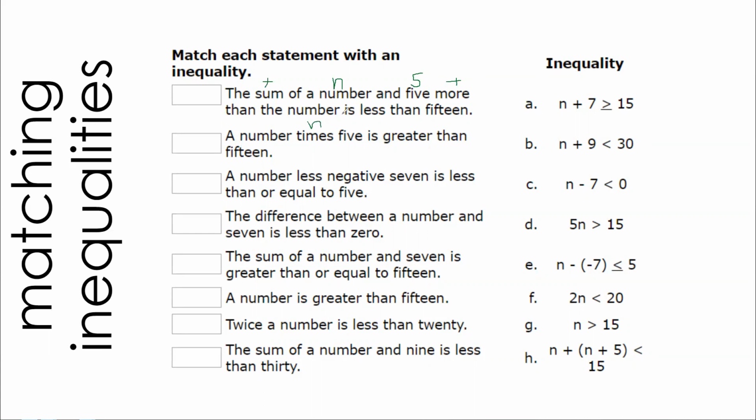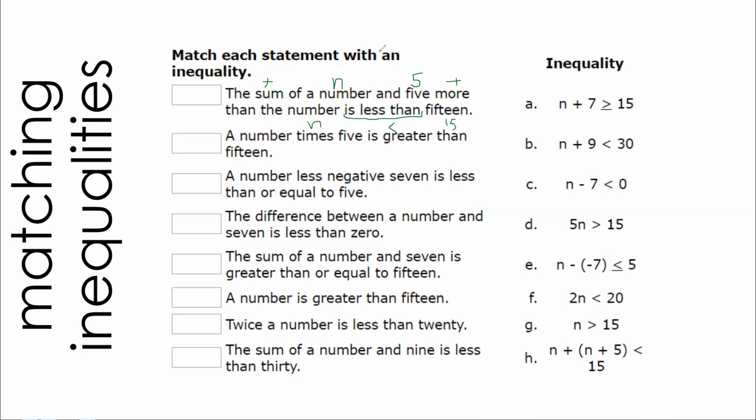And then is less than. So that's actually going to be our inequality. We want a less than inequality. So I'm going to do my peace signs like it's 2010. Left is less. So I know less than means my left hand, which looks like that. And then 15. So the sum of a number and 5 more than that number is less than 15.